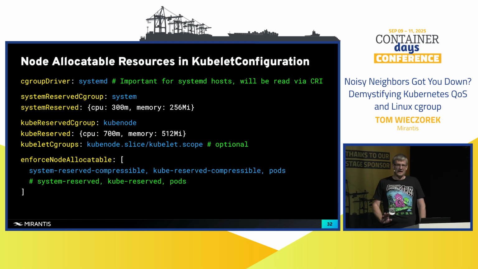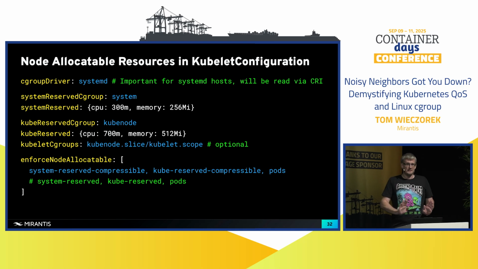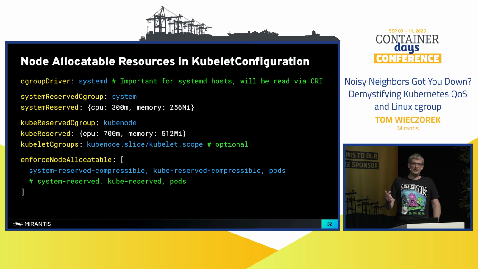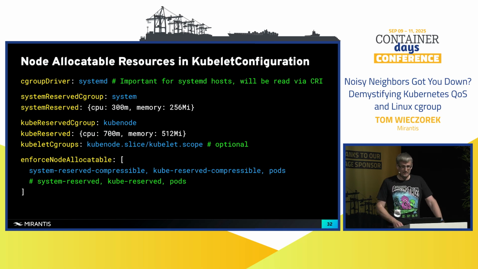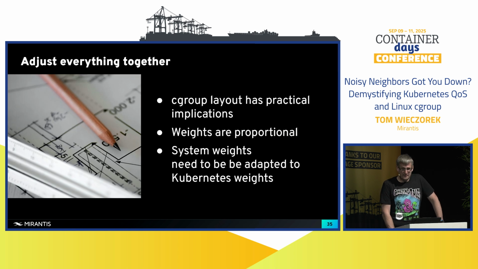You will end up with potentially way less resources for your system than you would expect, because it doesn't align with what kubelet calculates for the kube pods, because it's a relative thing. The default value for CPU weight is 100, and according to the formula, if you have many CPUs that you're allocating, then you're getting in trouble. So this won't align.